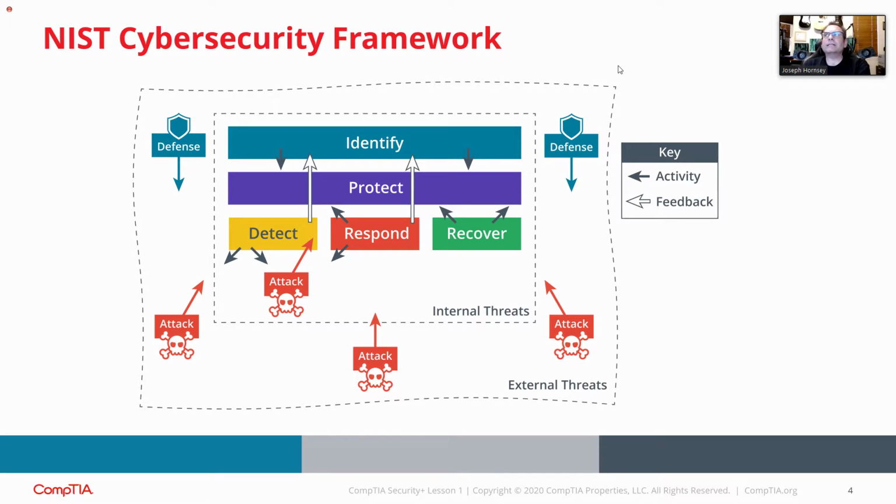And the NIST Cybersecurity Framework is an extremely important document, or standard, that NIST has come up with. And in this context, when we talk about a framework, it's kind of like a checklist or a series of objectives and goals.